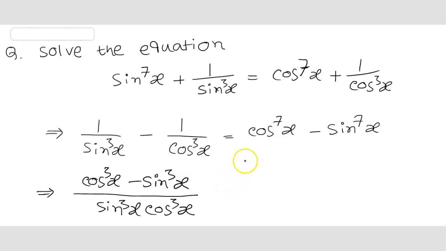Right. And what about this part? We can simply factorize it, but till now let it be the same. So this is it.